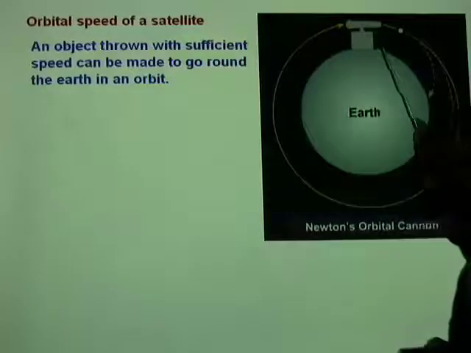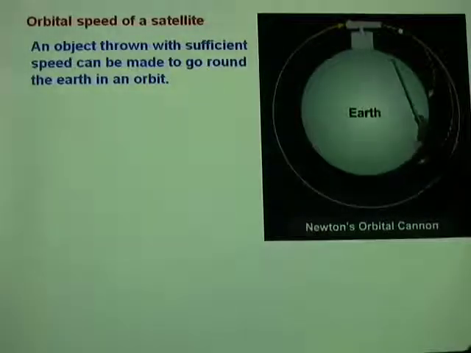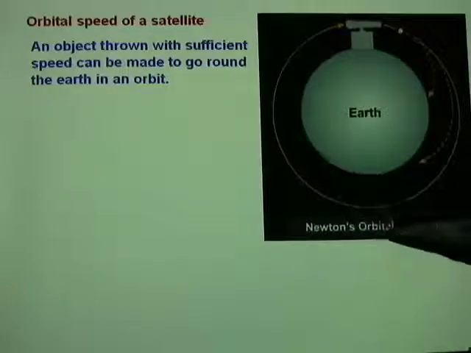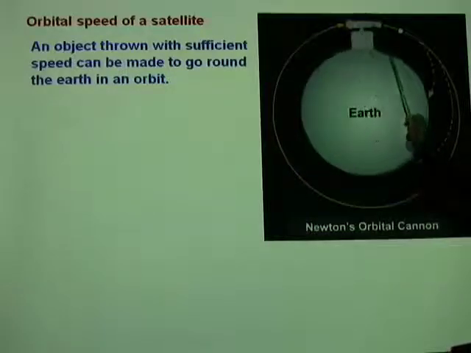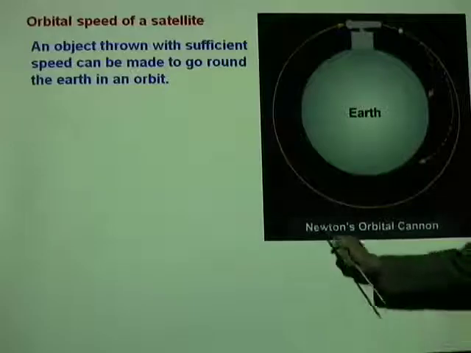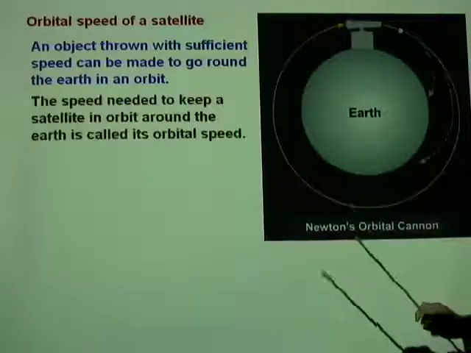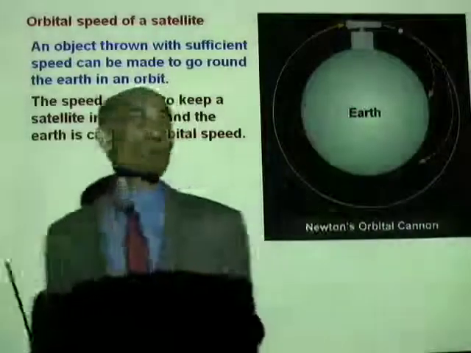You can see here, if this cannon is fired with a low velocity, the ball will come back. But at a particular velocity, the fall of the ball and the fall of the Earth will be the same, and with that velocity, the ball will keep going in an orbit.